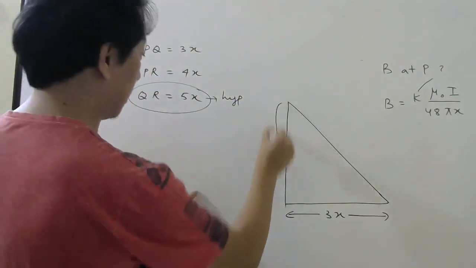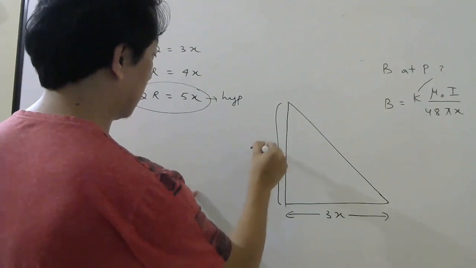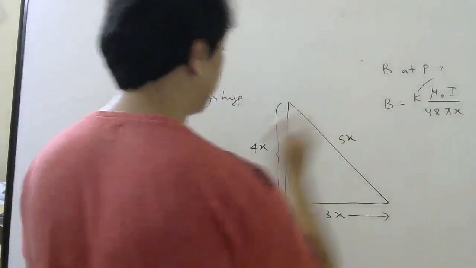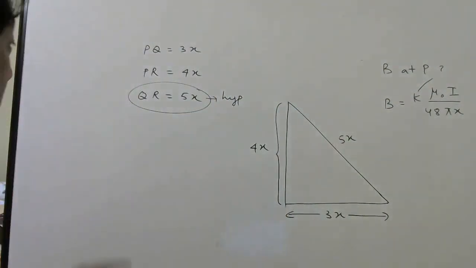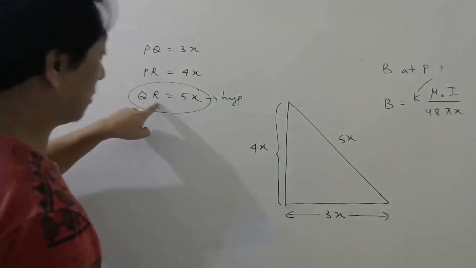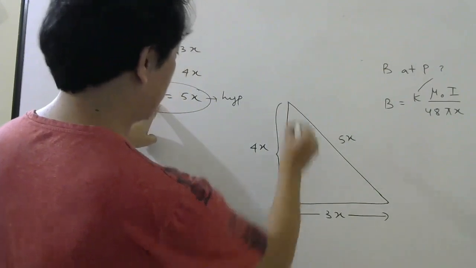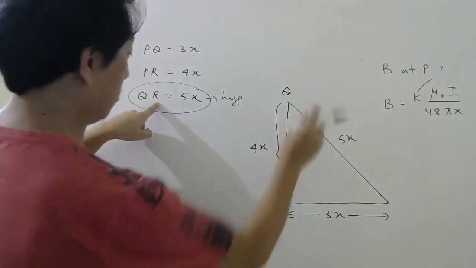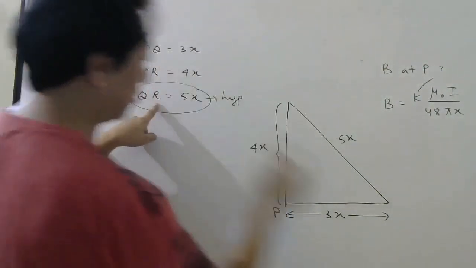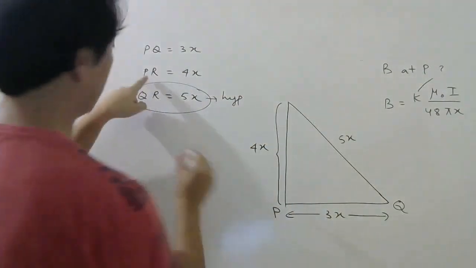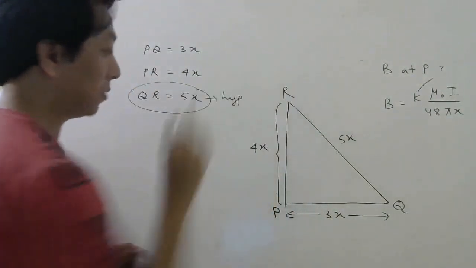This should be 4x. And this should be 5x, right? Hypotenuse should be 5x. Now we want QR, so this is QR. And P should be here. PQ is smaller, no? So PQ should be here. And PR should be 4x, so R should be here.